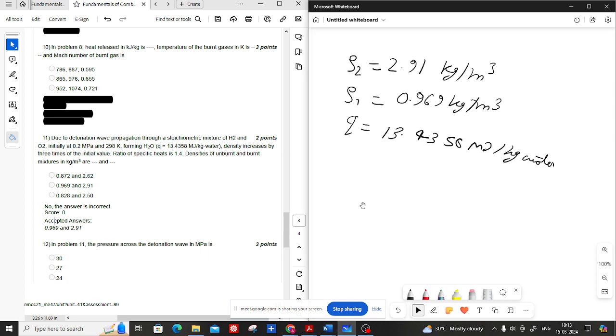Sir, in the heat release rate equation, we have to put the value of density. So what is that equation? Can you tell me that equation?